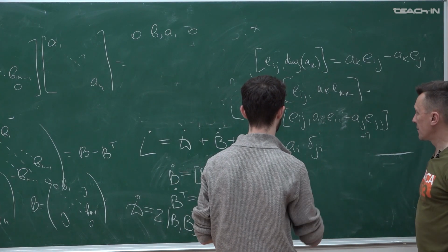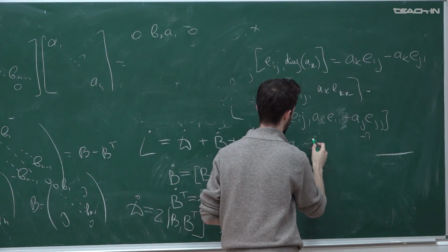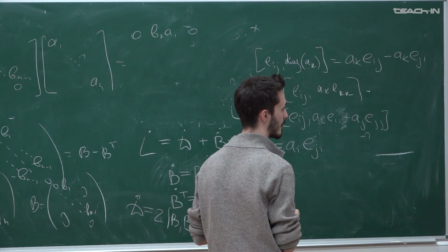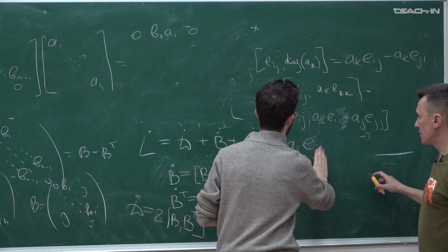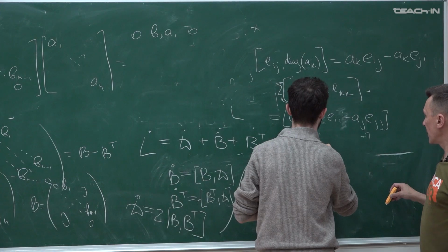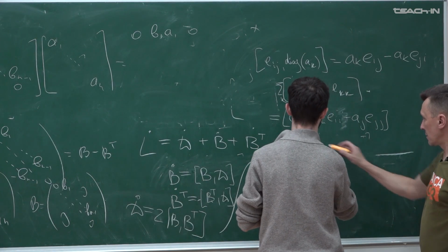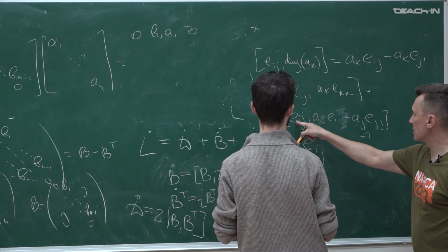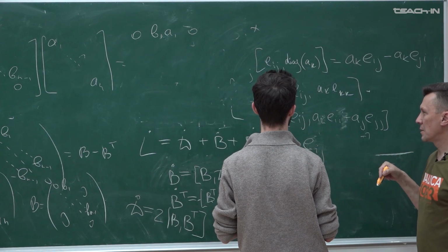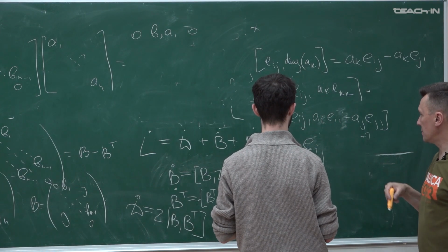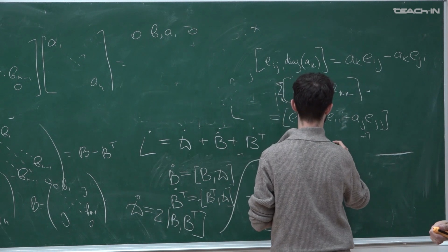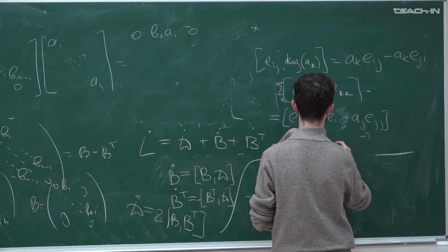So in this notation it's just this, with ij and minus, because it's a coincidence of these indices.